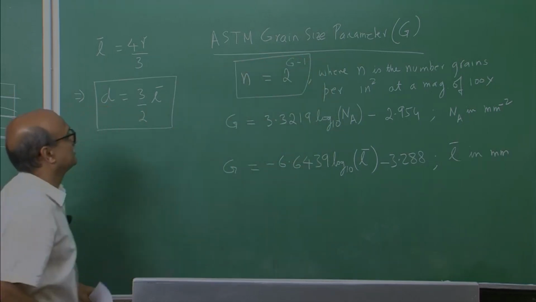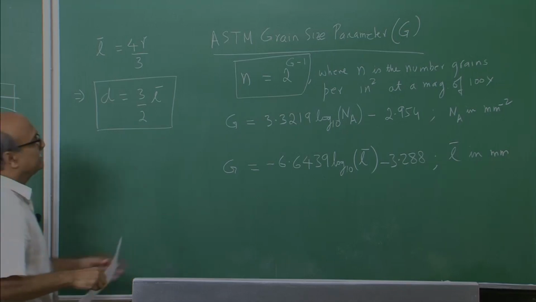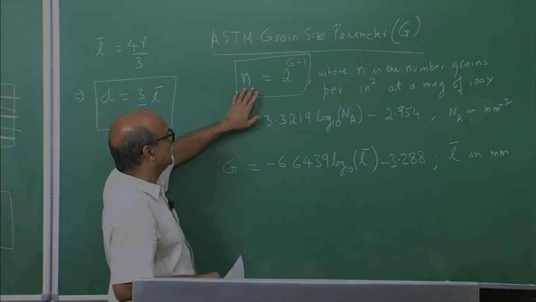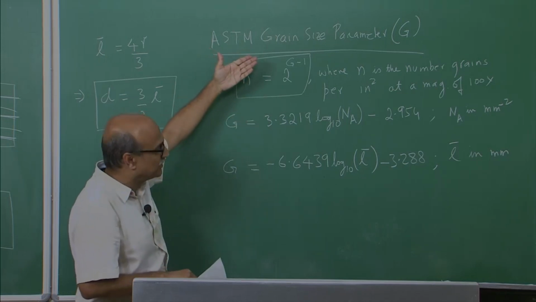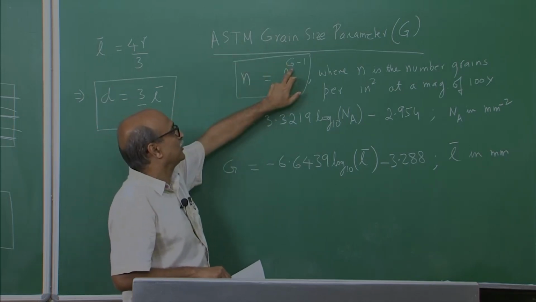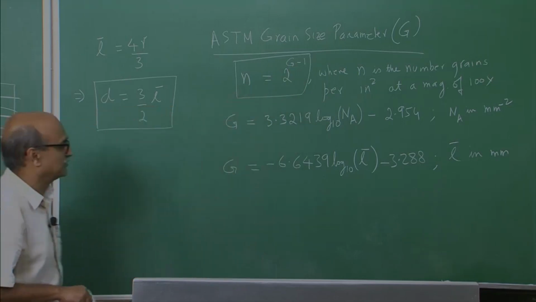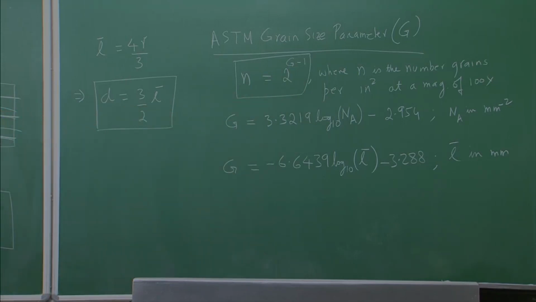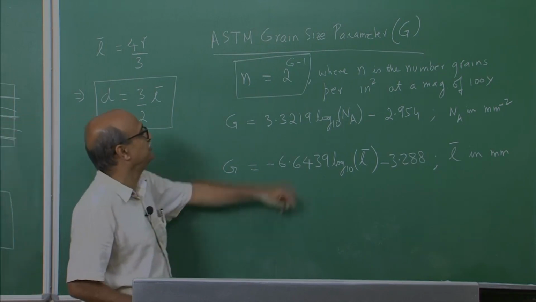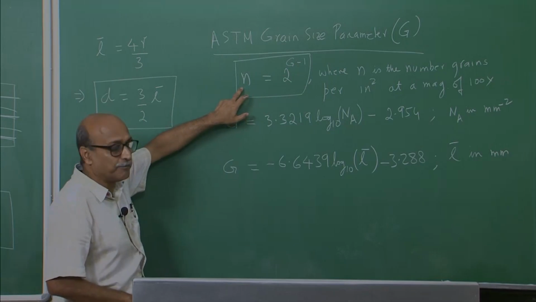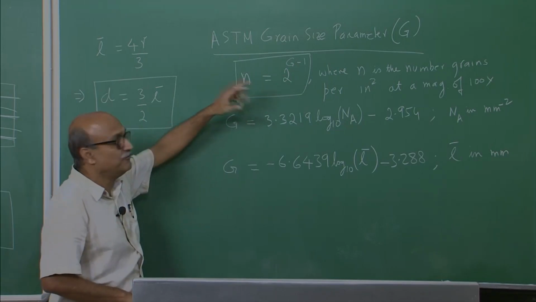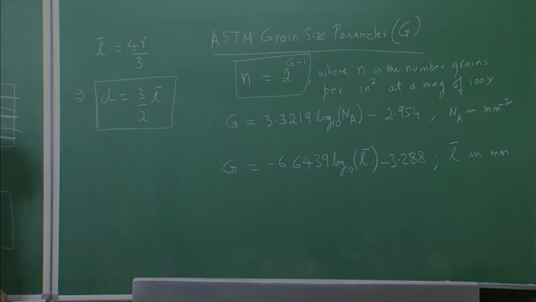is that as the number of grains per unit area is increasing, your grain size parameter will increase. Now, what does this mean? Larger values of G imply a larger number of grains in a given area, which means the grains are smaller.